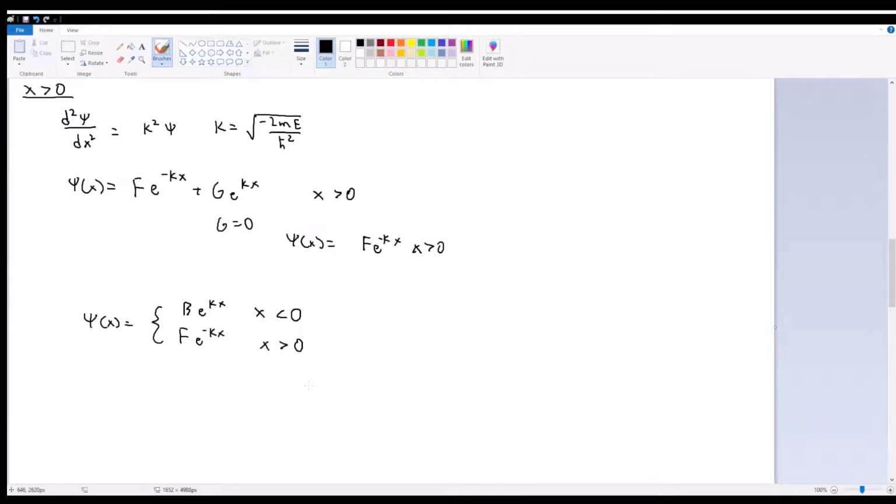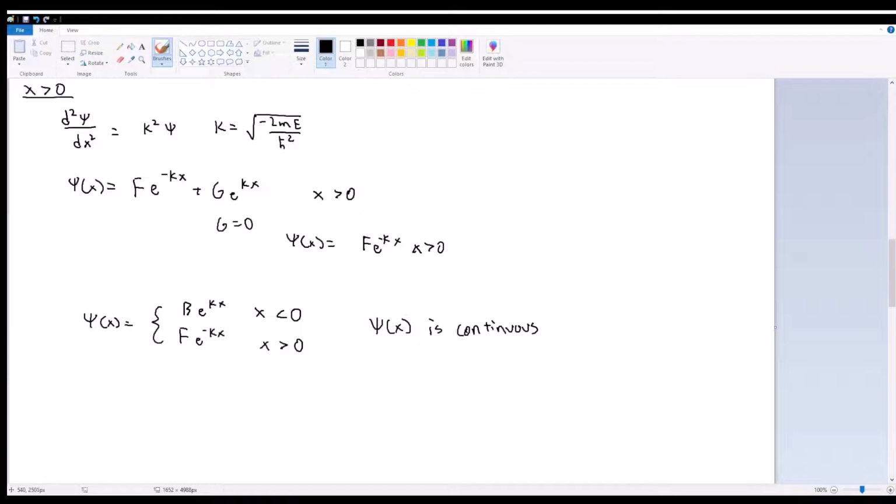And the next thing we need is to impose the condition that psi of x is continuous, because it doesn't make sense for it not to be continuous. Once again, psi of x is a probability density. If it wasn't continuous, then you would have an integral that goes to infinity for normalization, which doesn't work. So psi of x has to be continuous.